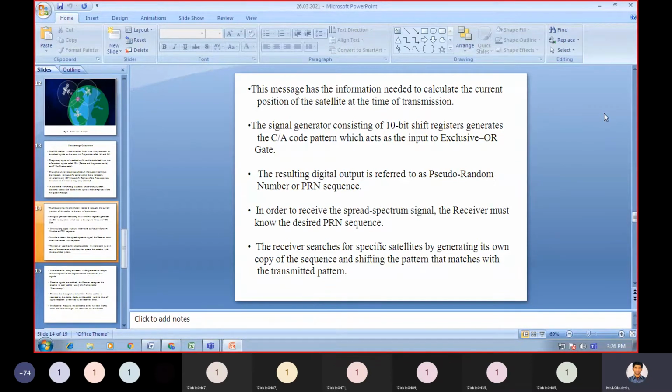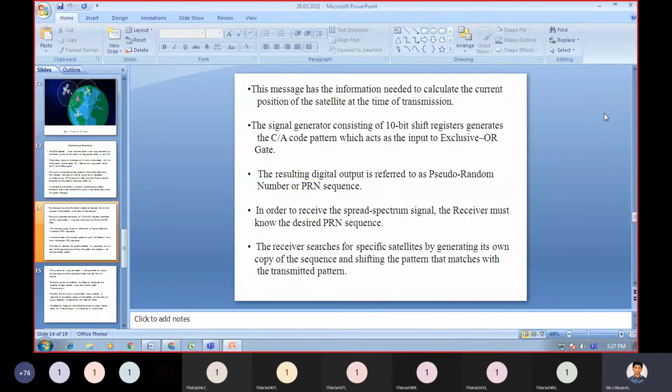The signal generator consisting of 10-bit shift registers generates the C/A code pattern, which acts as the input to an exclusive OR gate, or XOR gate.